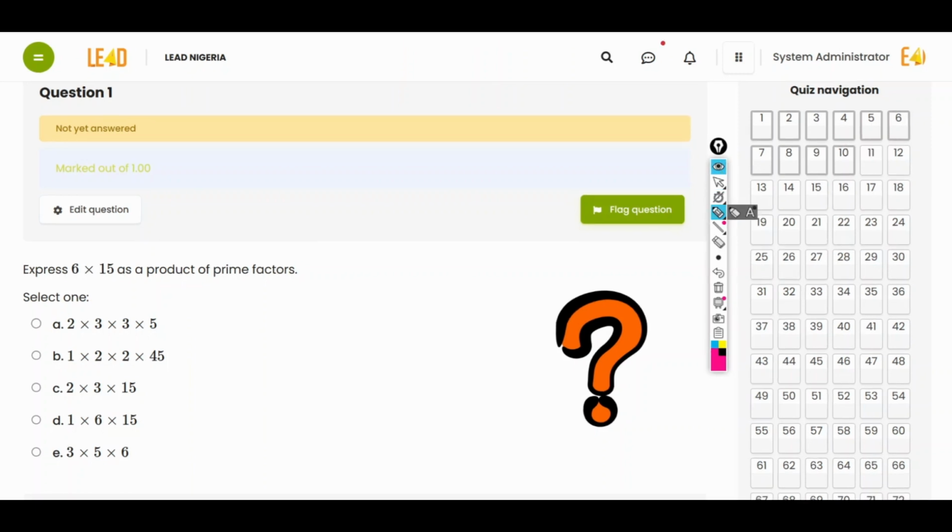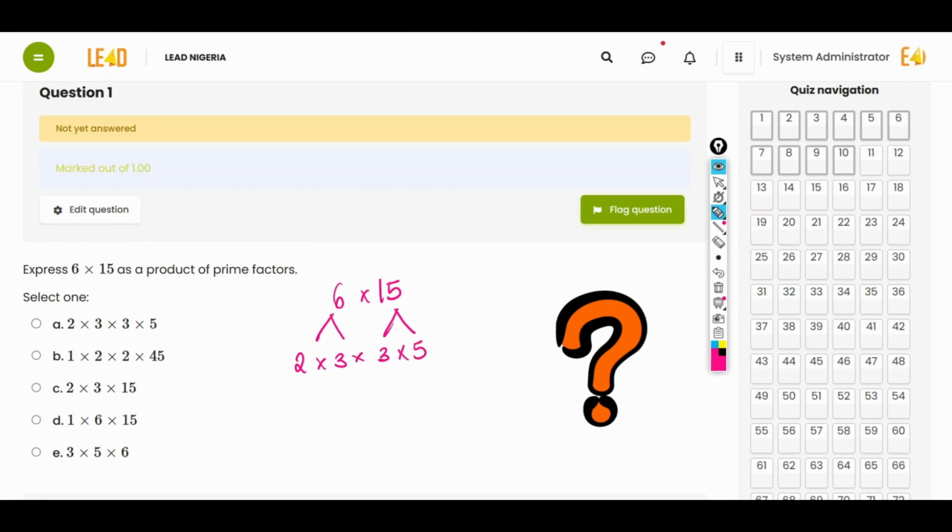Okay, so let's begin. The first question says express 6 times 15 as a product of prime factors. So that's 6 times 15. I'll just split them. This would be 2 times 3, and this would be 3 times 5.